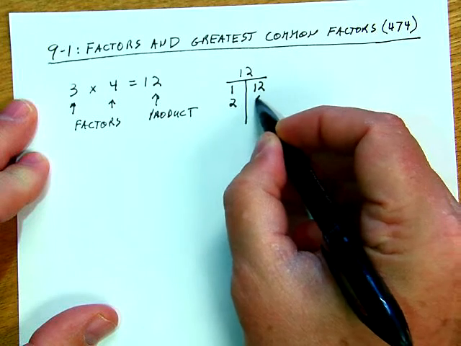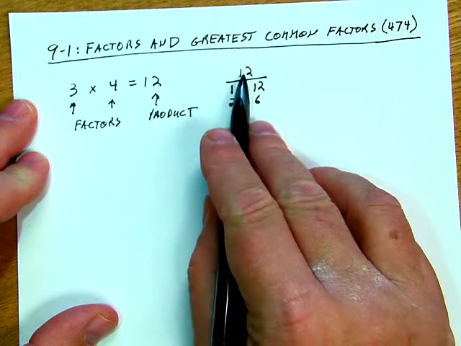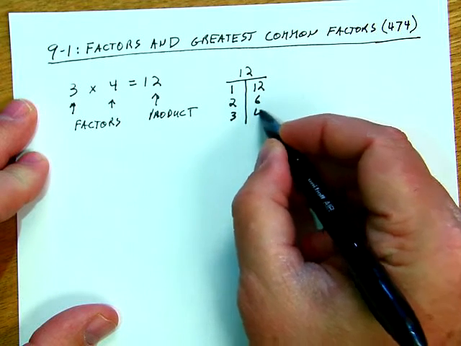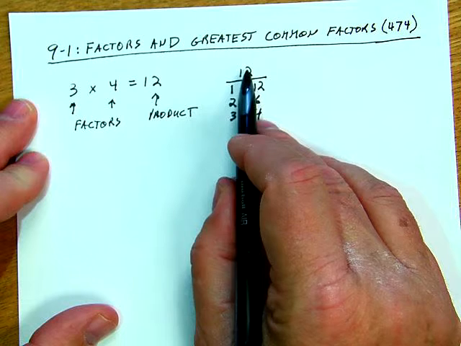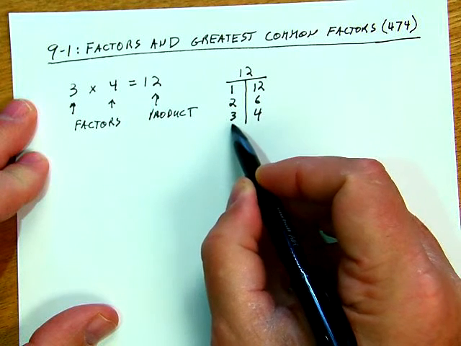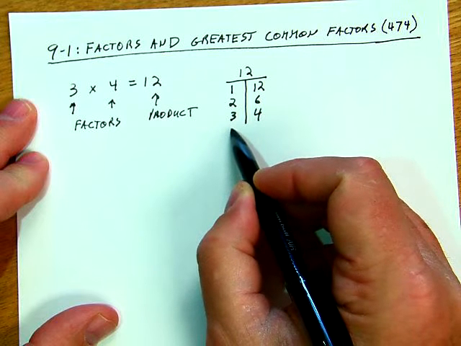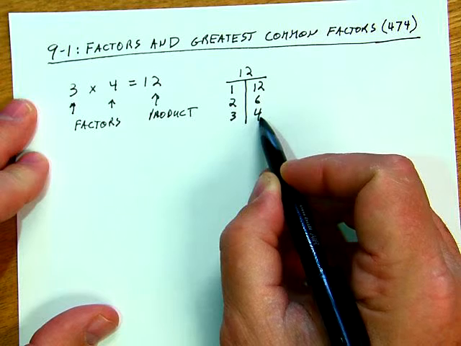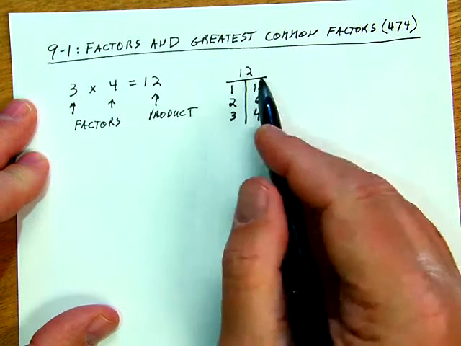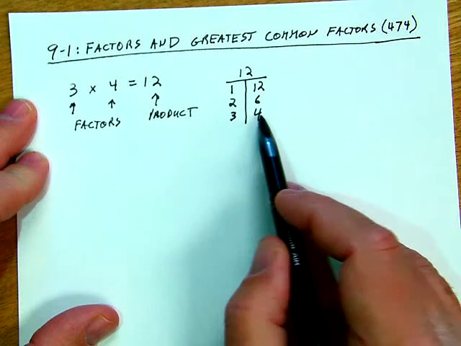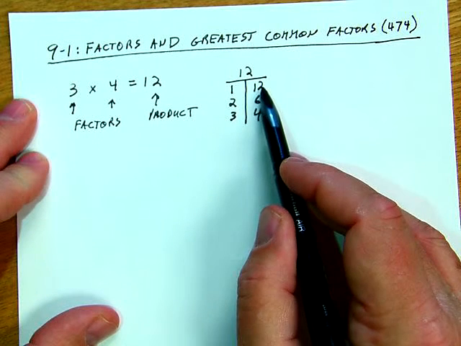Well, 2 times 6 equals 12. Go up again. 3 times 4 equals 12. And then I could go up again, go to 4 here, but once I reach 4 on this side, or the number on this side that I've already got on this side, then I know I'm done. So my factors for 12 are 1, 2, 3, 4, 6, 12.